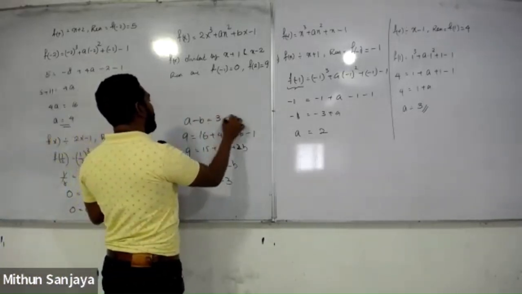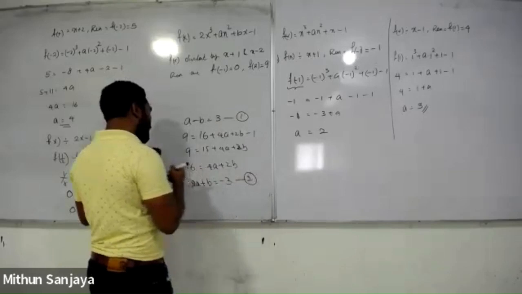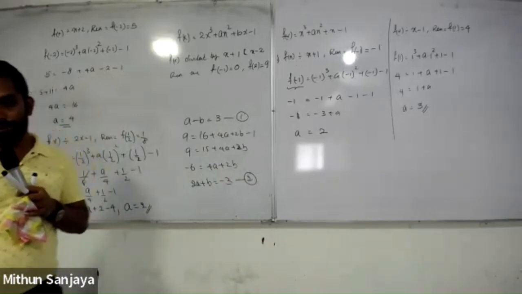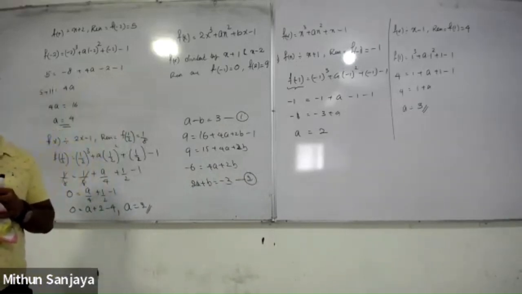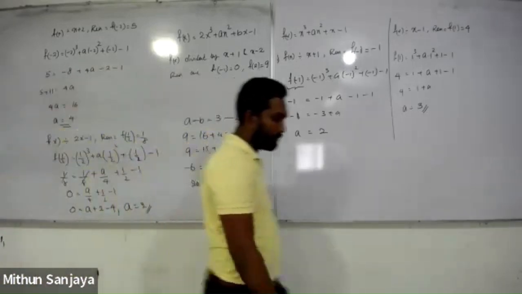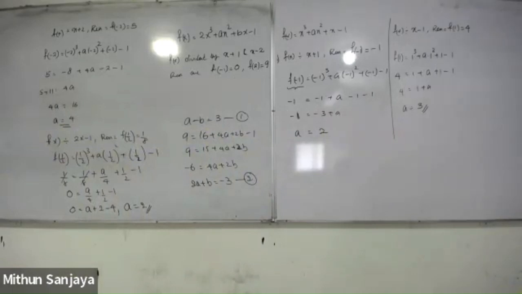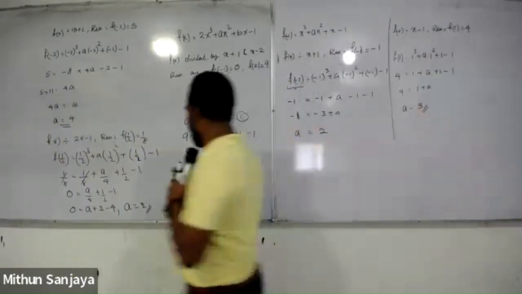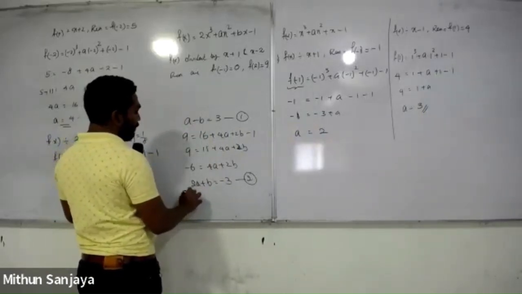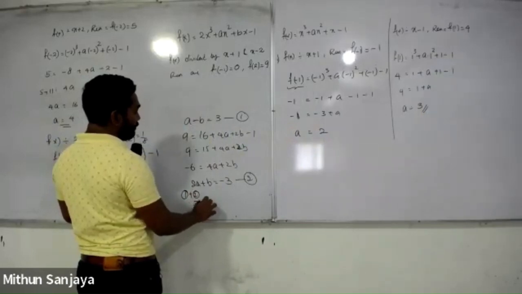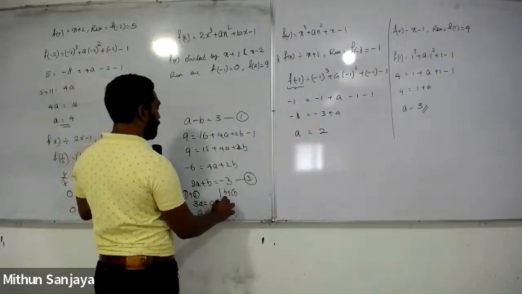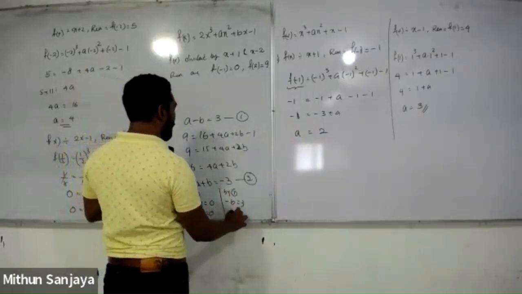So minus a equals b is the first equation, and the second equation is 2a plus b equals minus 3. Adding them, we get 3a equals 0, so a equals 0. Therefore b equals minus 3.